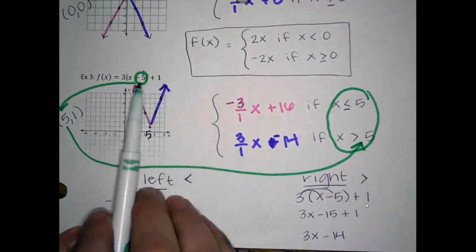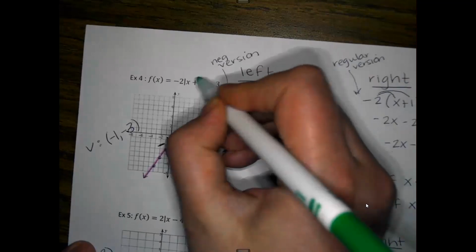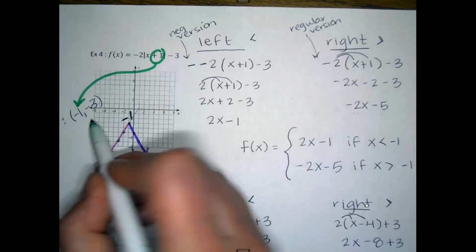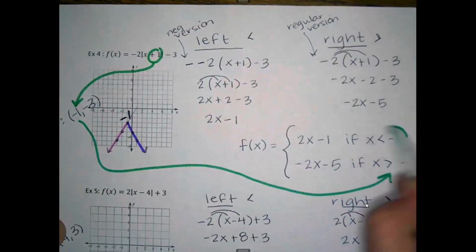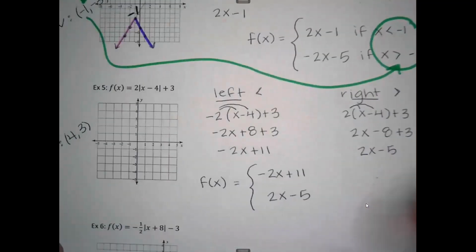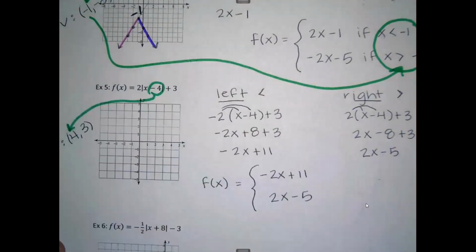So here the x coordinate of the vertex was 5. We said if you look to the left of 5, if you look to the right of 5. Here, the x coordinate of the vertex was -1, so -1 is where we split left and right. So here, the x coordinate of the vertex is 4.